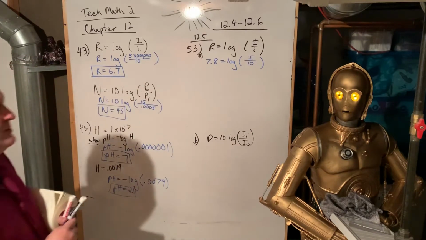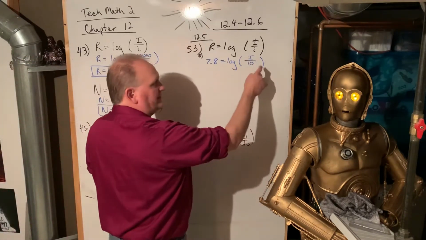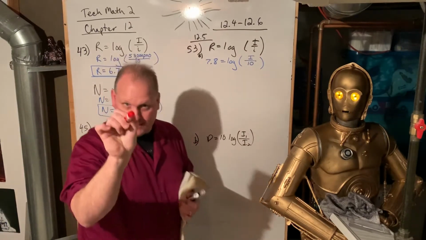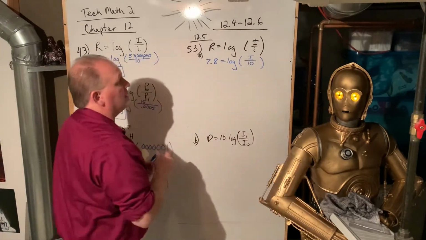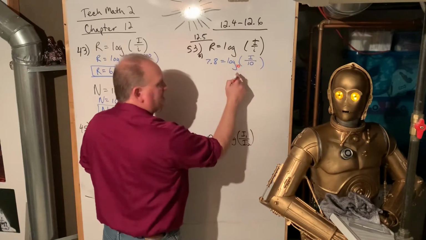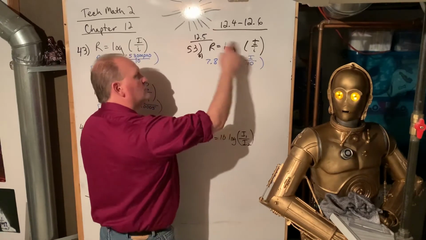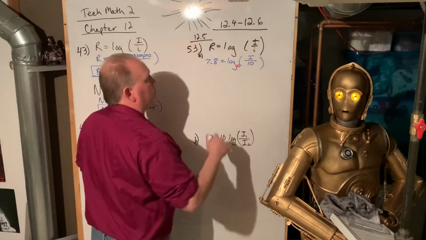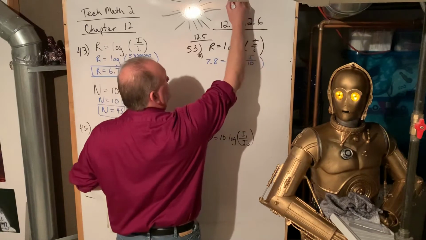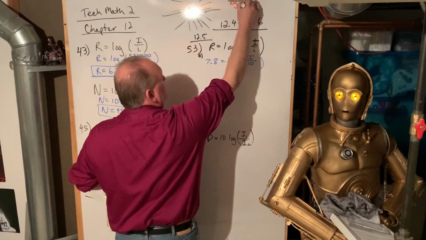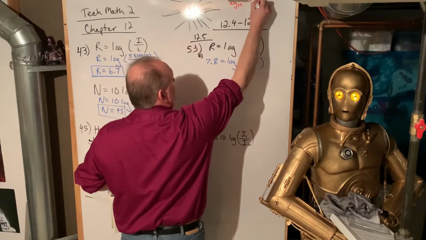So we can't use our calculator and just do log of, because we don't have that. We have this. So now you're going to have to go back to the first video that we did. Remember, there's a 10 there. So we can write this as an exponential. Always remember, if I take the log base 10 of 100, that's equal to 2.